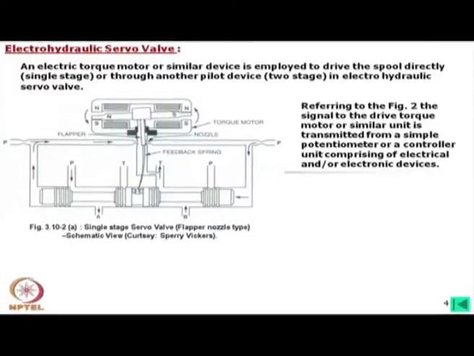Now, this is a somewhat schematic view of a single stage servo valve. What we find here is that this is a flapper. This flapper is giving the motion to the spool. This is moving this way or the other way.